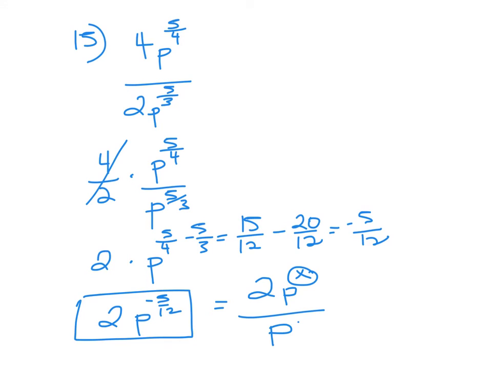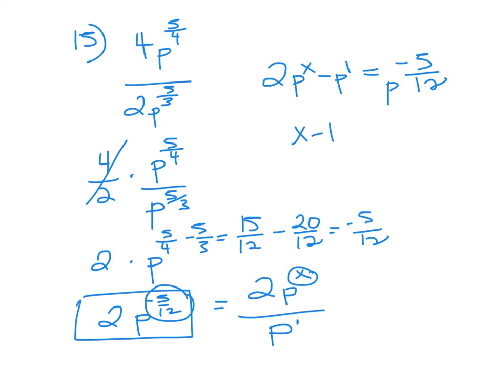The exponent here is 1. So if we go 2p to the x subtract p to the 1, and we know that has to be equivalent to p to the negative 5/12, then that means we have x minus 1 is equal to negative 5/12.